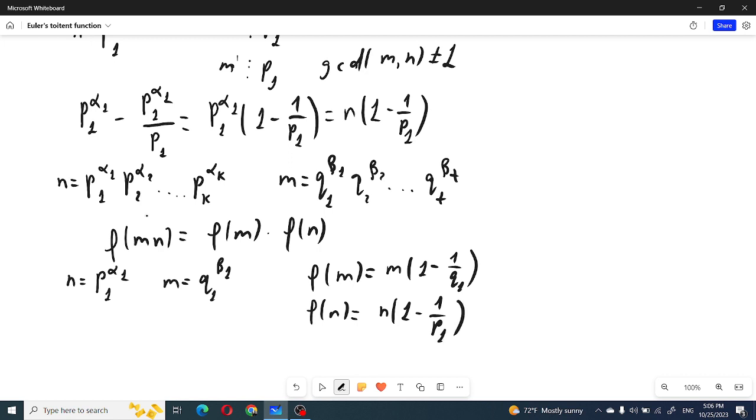And what can we see about the number m times n? If we want to count the numbers which are not coprime to m times n, such a number must be either a multiple of p1 or a multiple of q1.